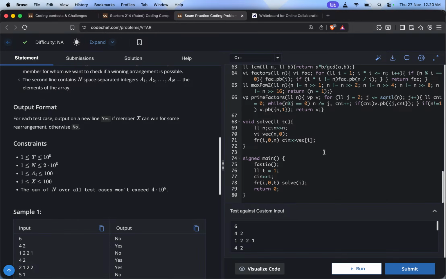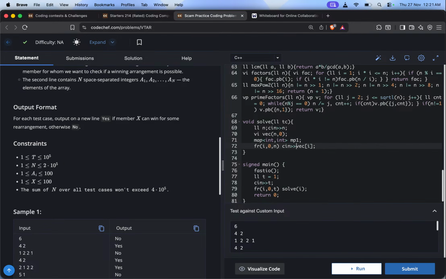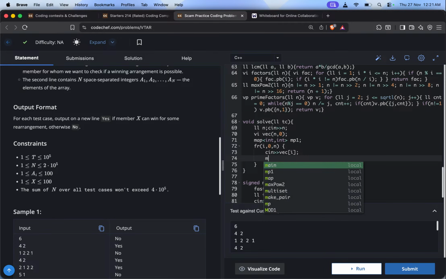So take the vector as input, create a map to have frequencies. Now mark the frequencies inside our map.